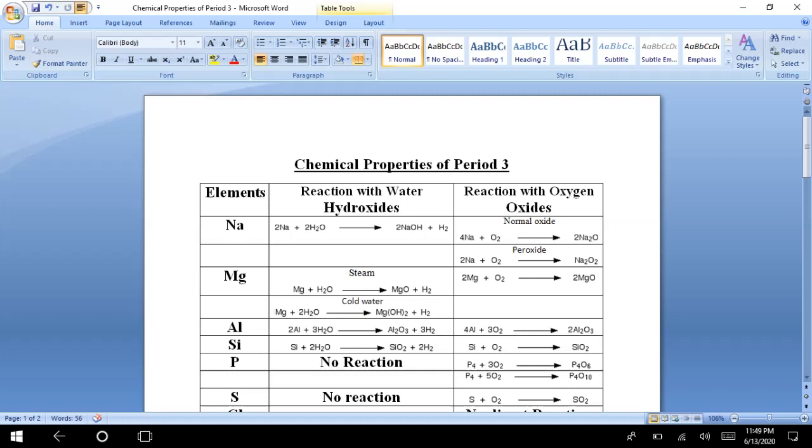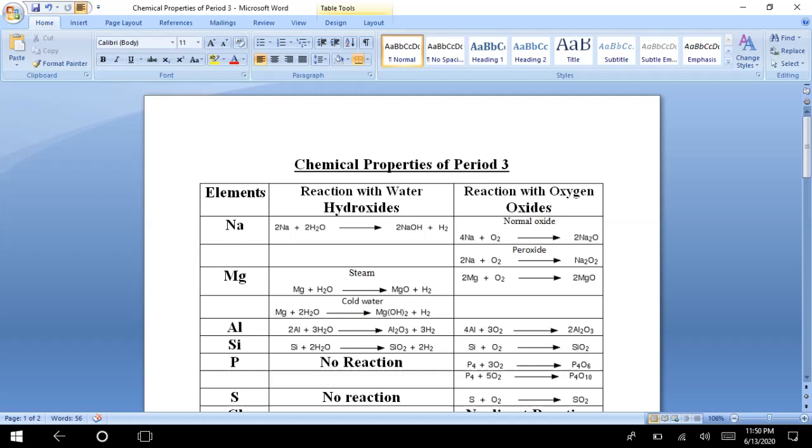It acts like a covering on the remaining metal, a barrier or protective layer for the rest of the magnesium. And when it reacts with steam, it forms magnesium oxide along with hydrogen gas.